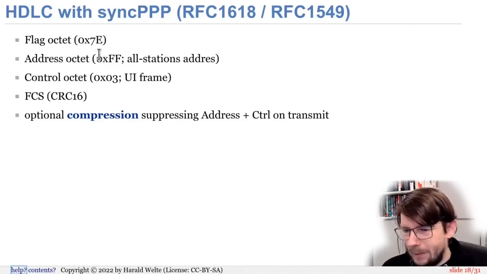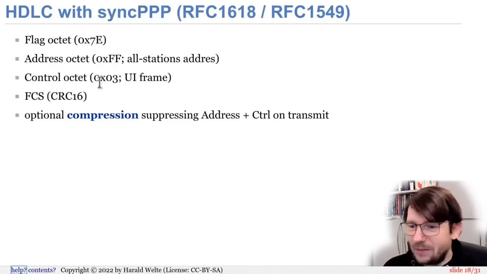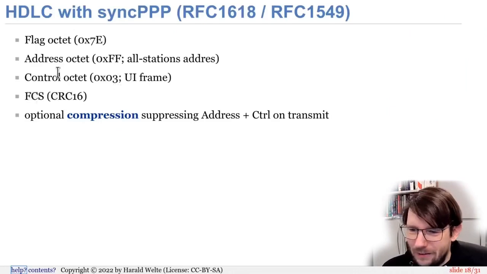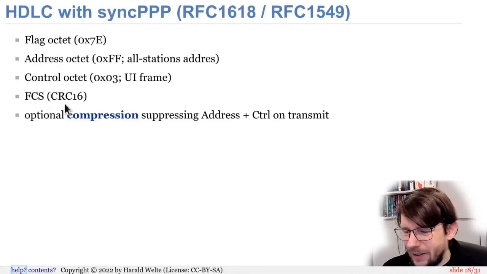And then in between we have an address octet, which is always 0xFF, and a control octet, which is always 0x03. And then a 16-bit frame check sequence and a flag octet at the end, which I didn't really mention here because it can be the same as the start octet of the next frame.